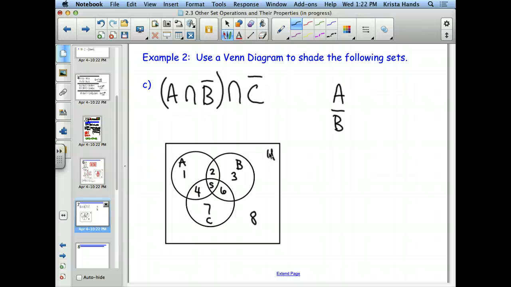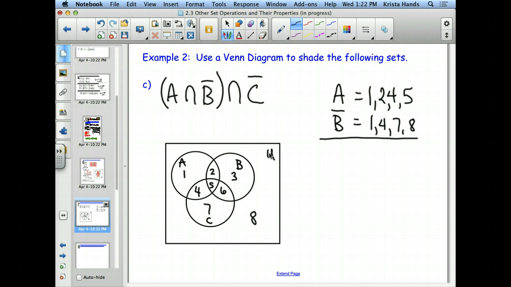Exactly right, Taylor. All right, so what is inside of circle A? And 1, right? Did you say 1? Yeah. Okay, 1, 2, 4, and 5. Good. Then it says B complement, which means what am I looking for? Outside of B. So I need to know the numbers that are outside of circle B. And so what would that be? Excellent.